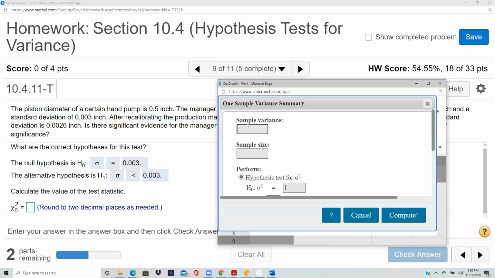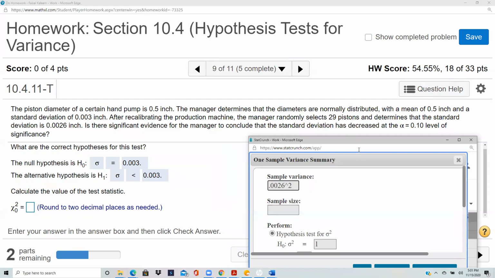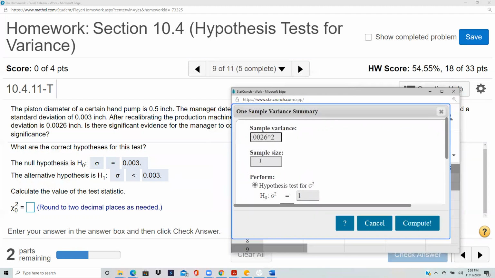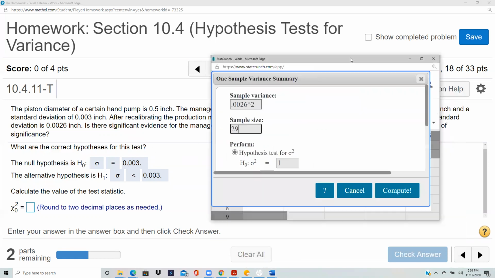So I'll just write 0.0026 caret 2. And the size is the 29 pistons. And sigma equals 0.003. And this one is calling for sigma square, so you do the square of 0.003.